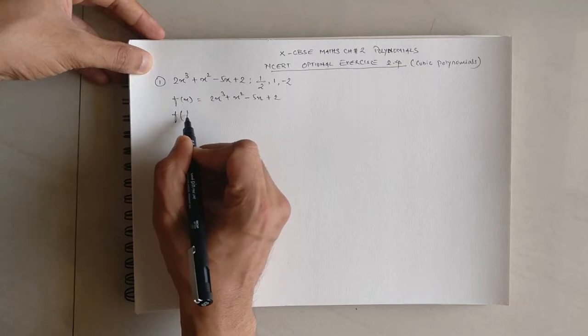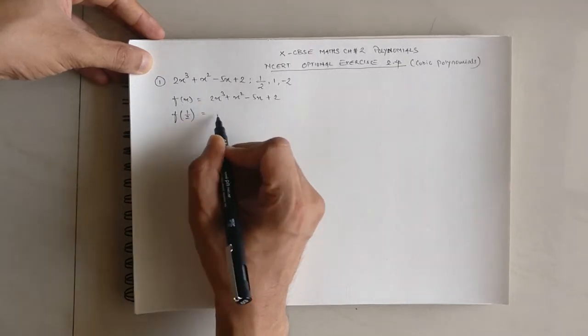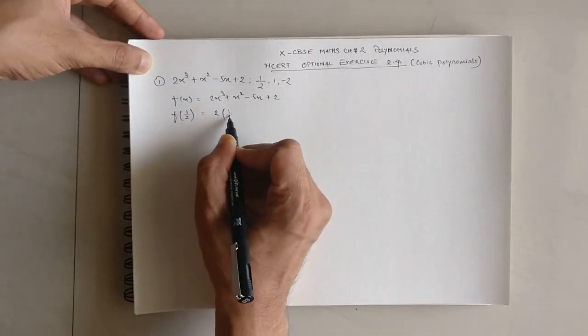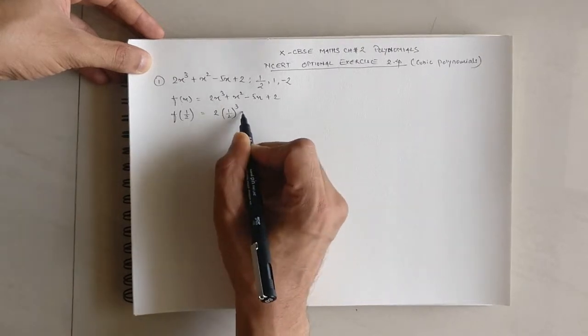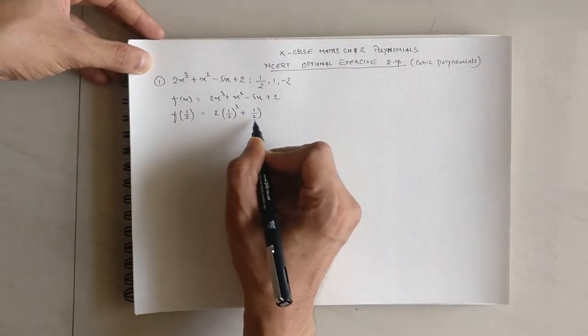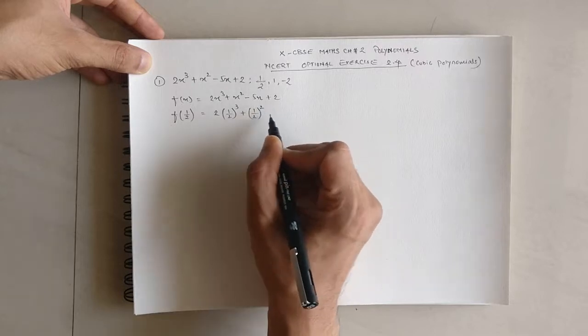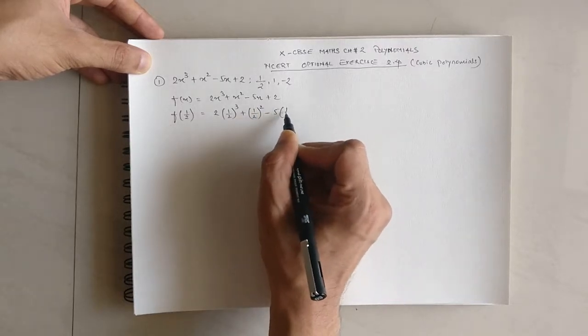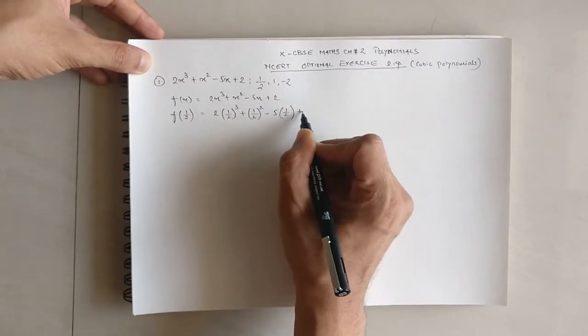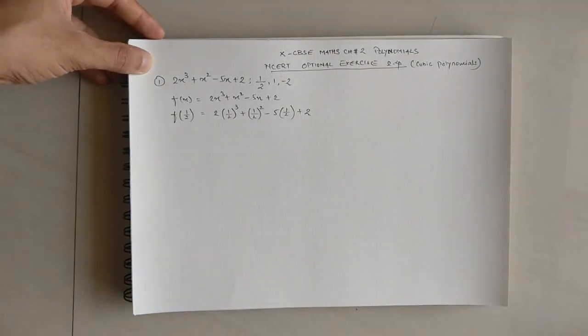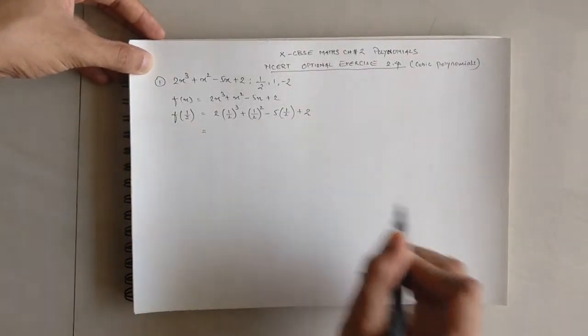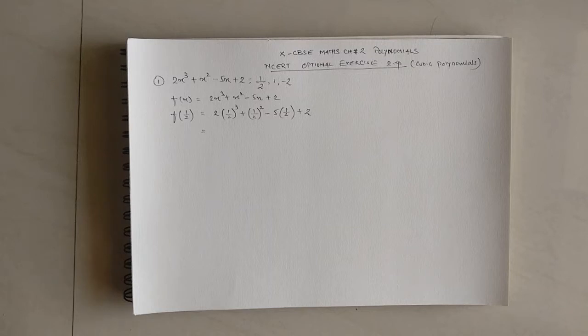So f of 1 by 2 is equal to 2 bracket 1 by 2 the whole cube plus 1 by 2 the whole square minus 5 bracket 1 by 2 plus 2. And then we will see by solving what is the answer.